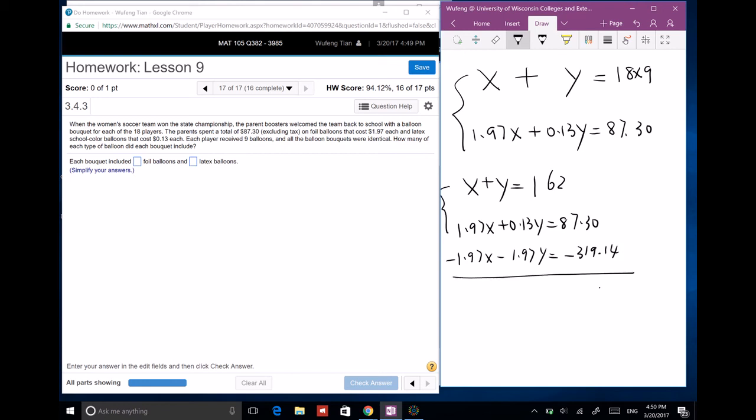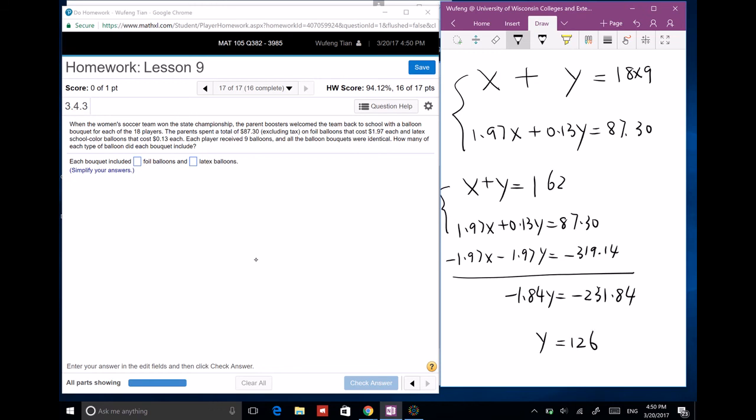1.97 minus 0.13 equals 1.84, so negative 1.84y equals negative 231.84. Now we divide it by 1.84.